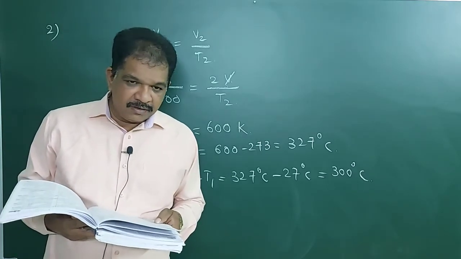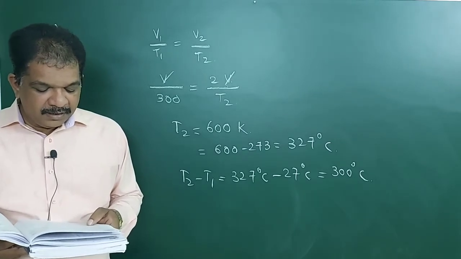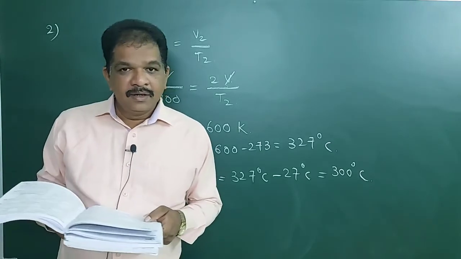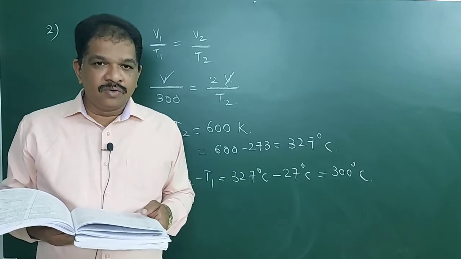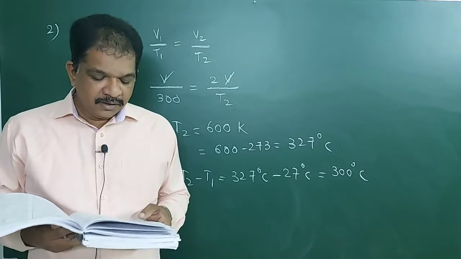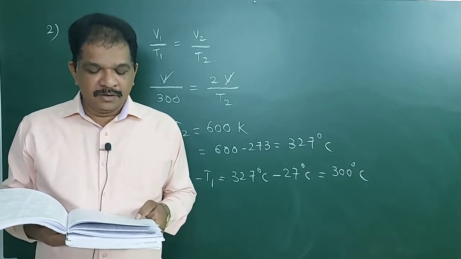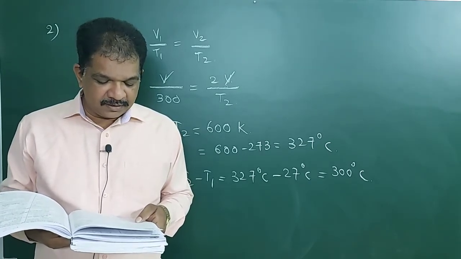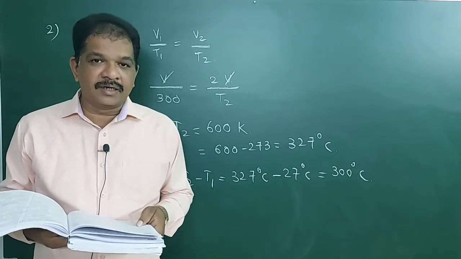So if you compare B and C, at B temperature is less, at C temperature is more. So at C more internal energy will be there than at B. If you compare A and B, both are at the same temperature. So A and B will have the same internal energy. So for the third question, the third option will be the correct answer.